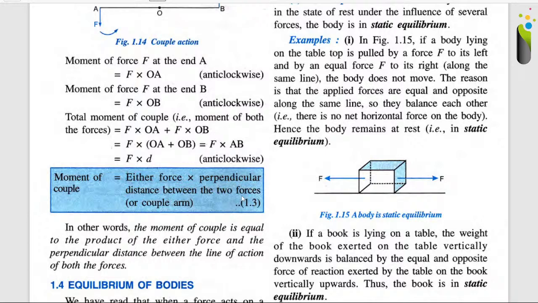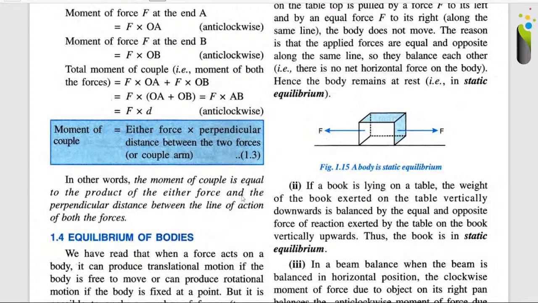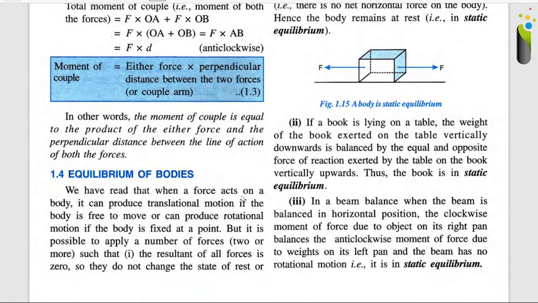Now coming to the next, that is 1.4, equilibrium of the bodies. We have read that when a force acts on a body, it can produce translational motion if the body is free to move, or can produce rotational motion if the body is fixed at a point.